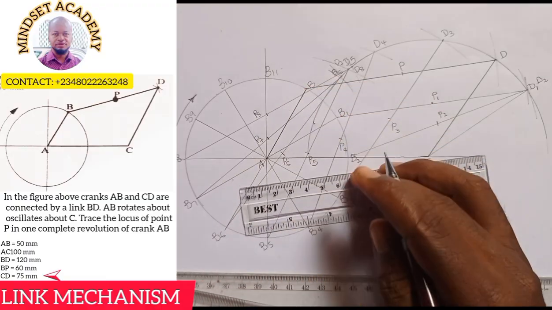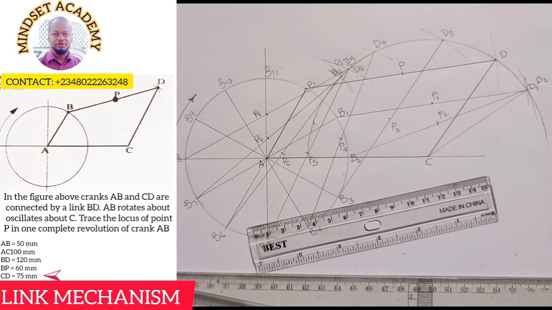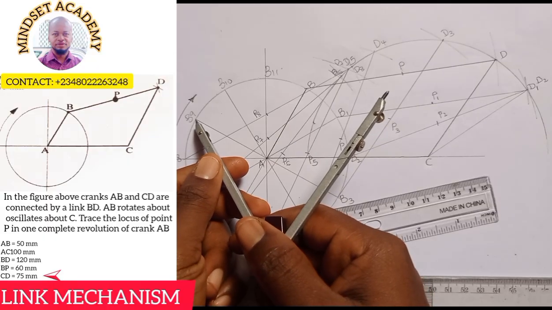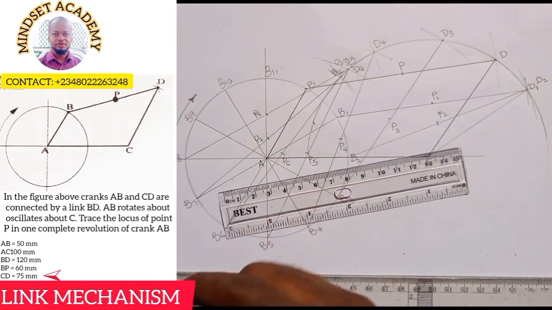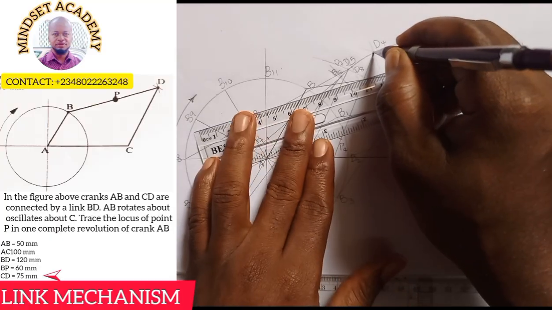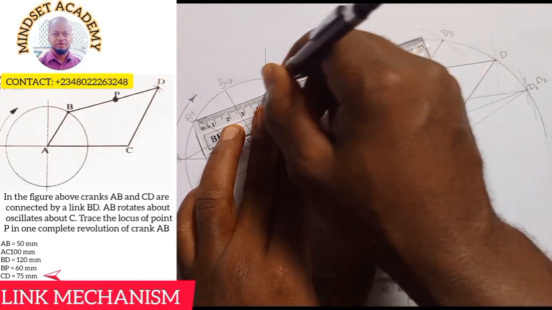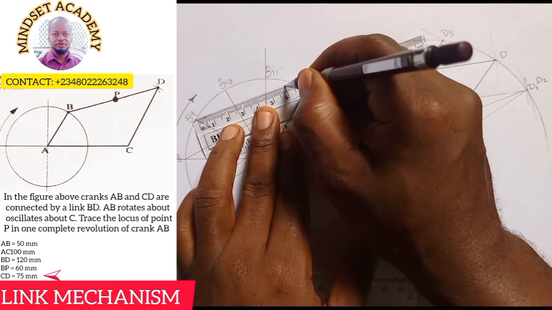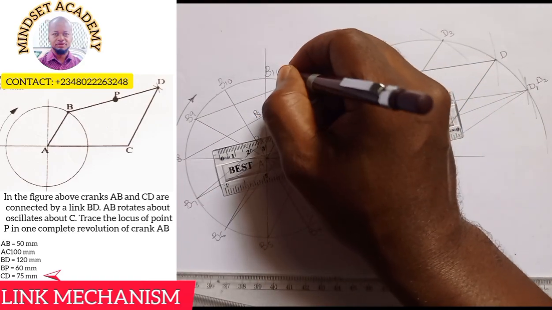P8. Are we there? I'll do it again. I'll come to B9, strike an arc. Then I'm going to join from D4 to B9. Half of it is 60. That is BP. That'll give me my P9.